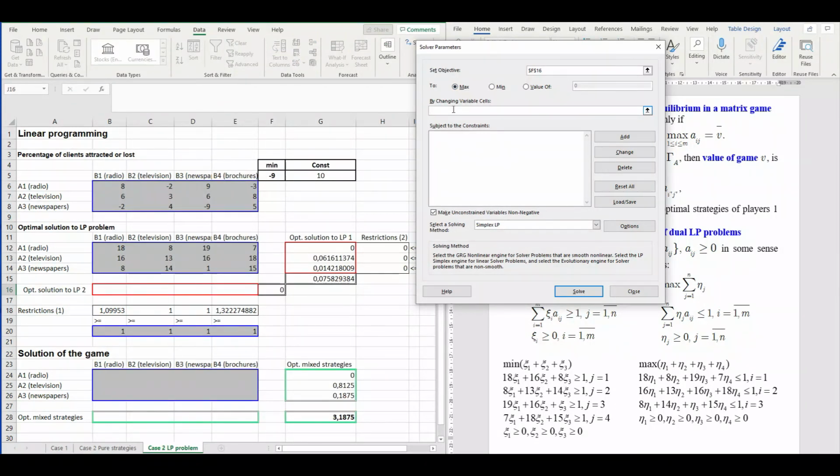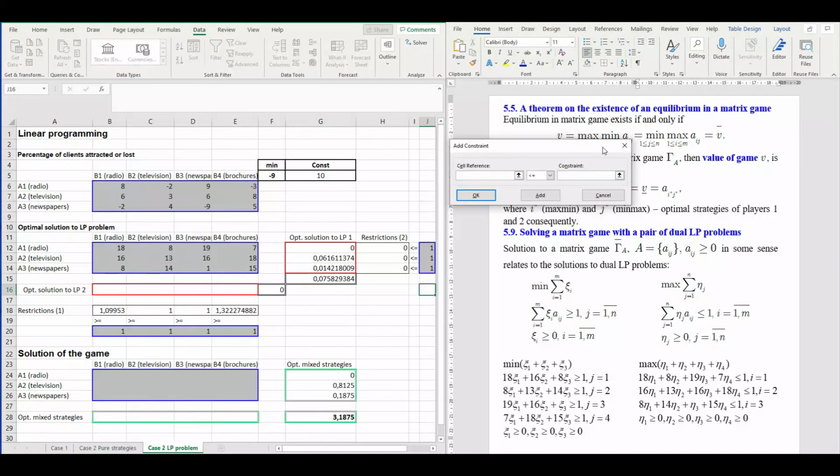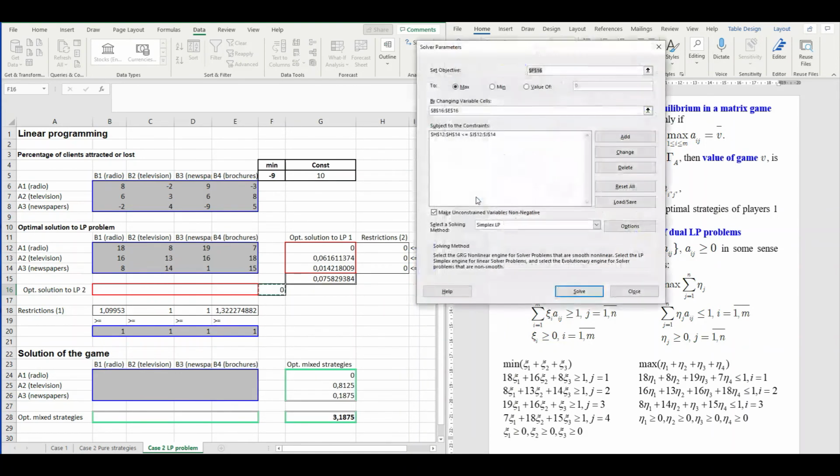Next we choose the variables. They are in the red frame in the 16th row. And let us add the restrictions. The left hand side of our restrictions are in the cells H12, H13 and H14, and the sign is less or equal according to our statement, and the right hand side units are in the column J. And also we should add the restriction that all the variables are non-negative, and we keep this selection here, make unconstrained variables non-negative.